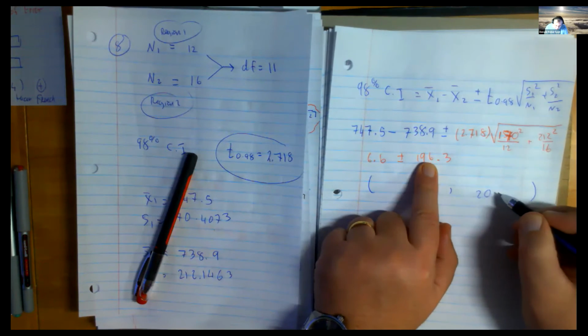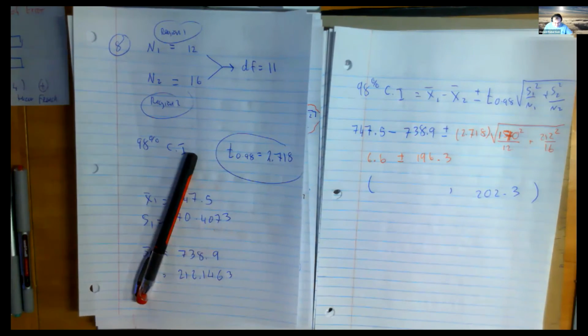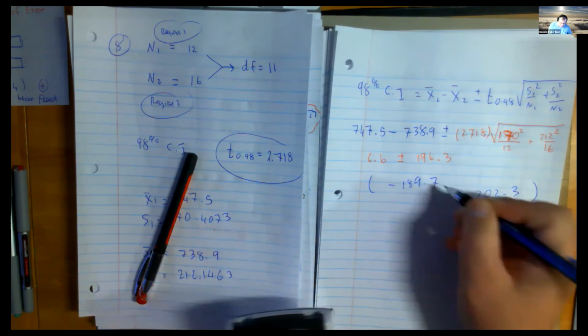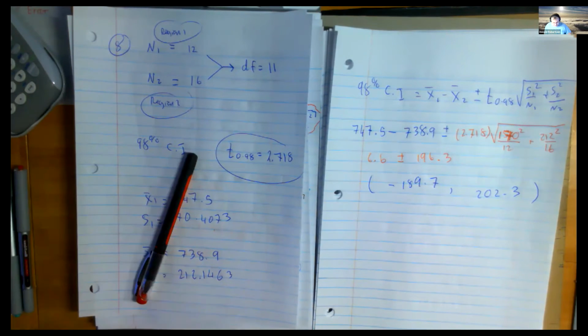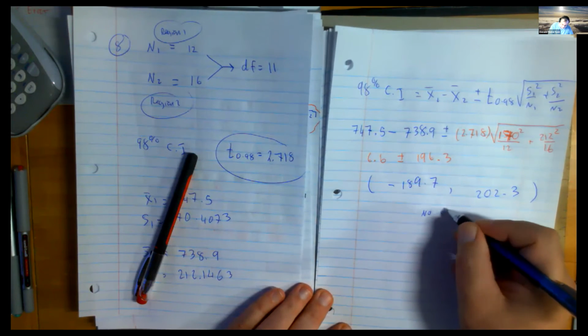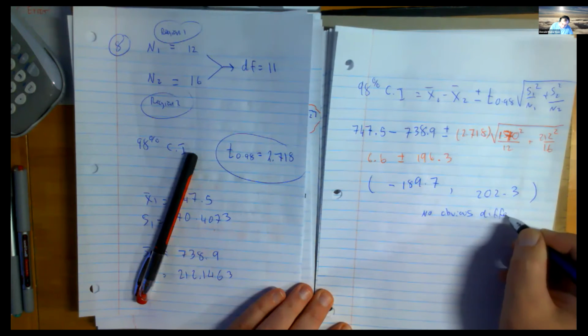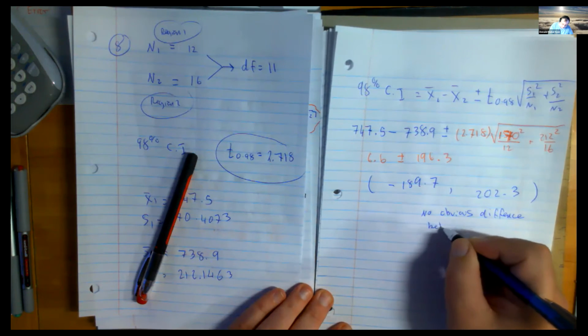So that's 202.3 on this side. And on the other side, it's 6.6, take away 196.3. On this side, it's negative 189.7. So what I can tell you for sure is that there's no obvious difference between the two regions.